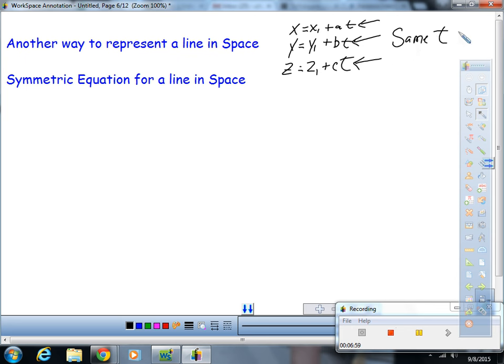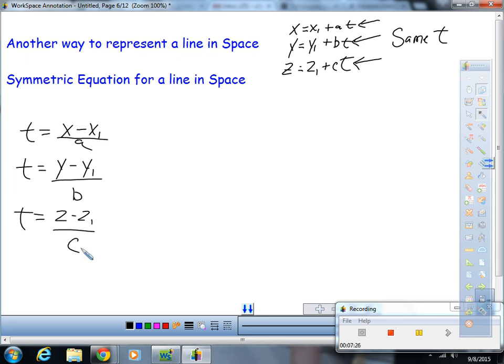So if we solved for t in the first one, you get t equals x minus x1 over a. But you also get that t equals y minus y1 over b, and you get t equals z minus z1 over c.